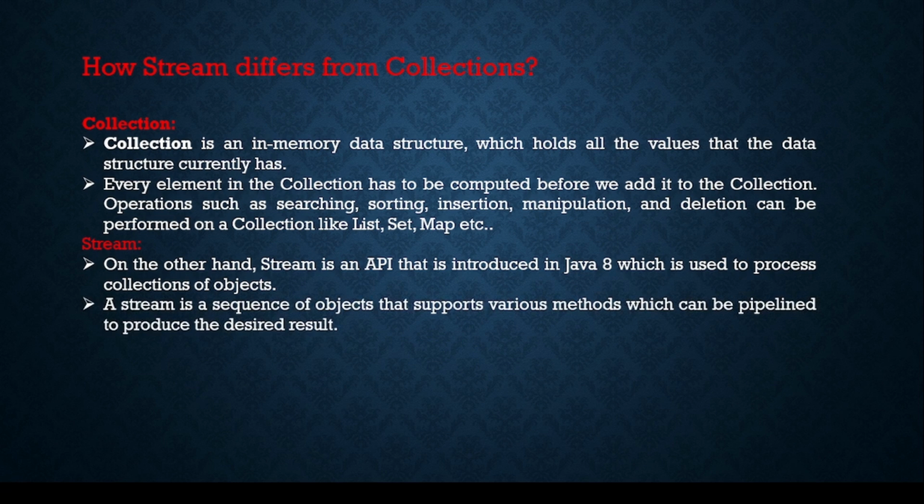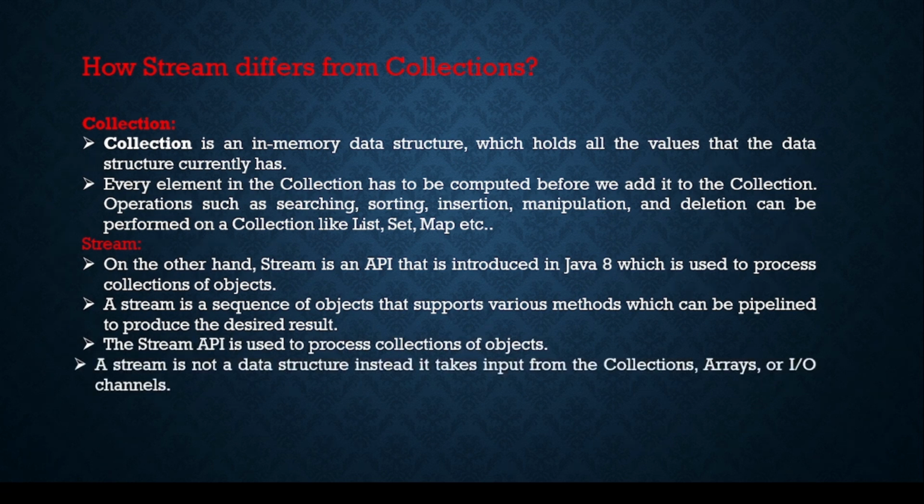It will not store the data. A stream is a sequence of objects that supports various methods which can be pipelined to produce the desired result. This point I have already addressed. The stream API is used to process collections of objects. A stream is not a data structure.